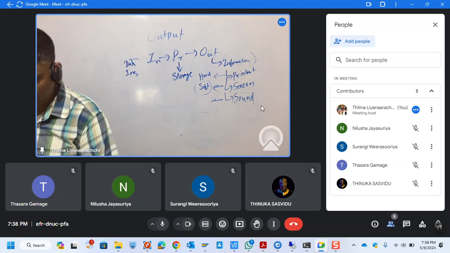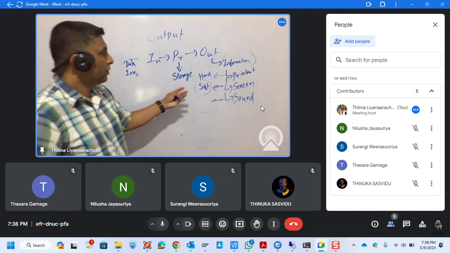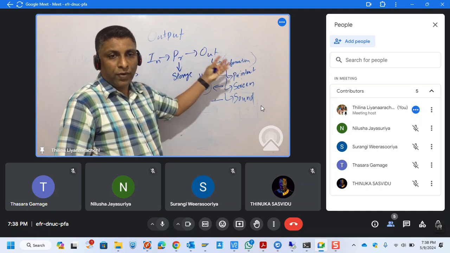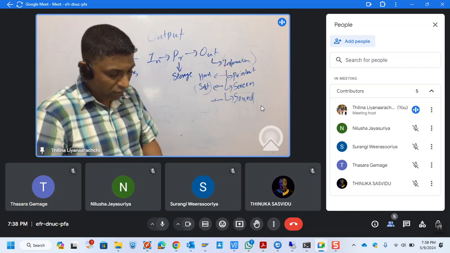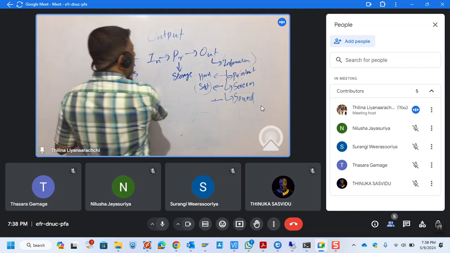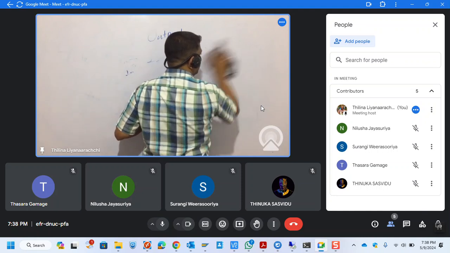According to our requirements, we can have various output devices. So today we are going to discuss output devices. What are the output devices? You already know.